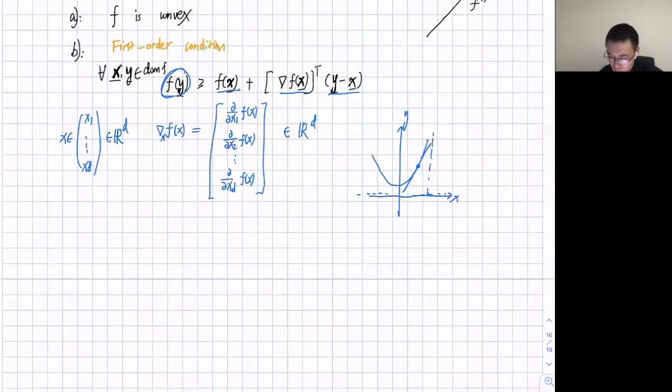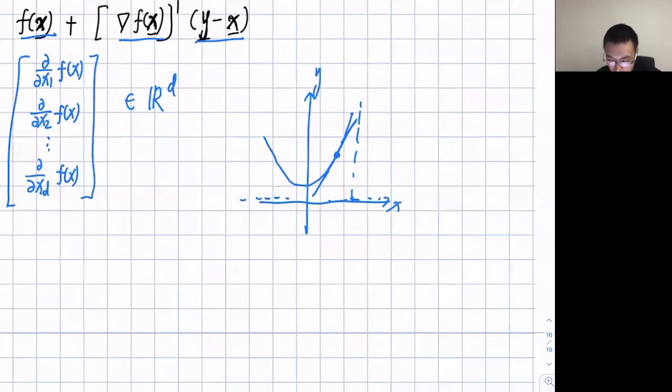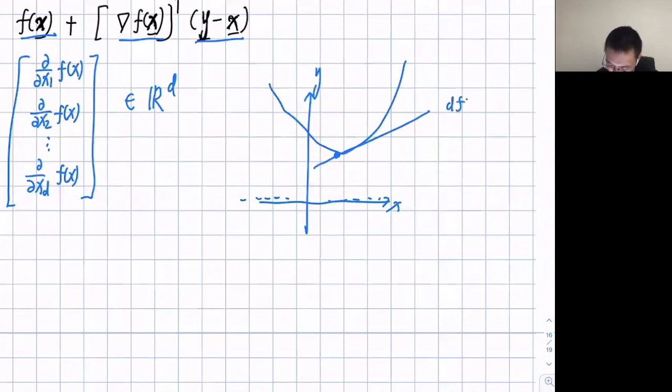So I can zoom in a little bit. And this is my df of x with respect to dx. This is a one-dimensional case. Then this term is just the gradient times y minus x.